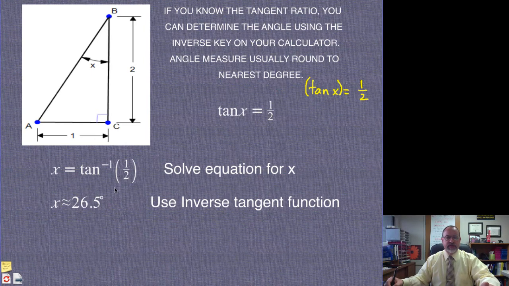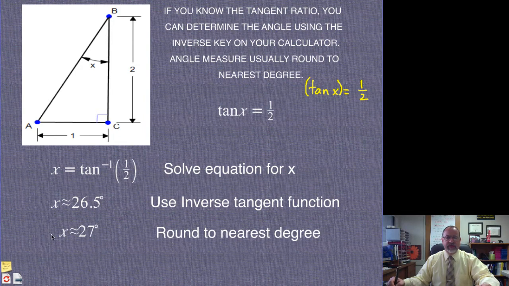Because I'm rounding to the nearest degree, I stop at the tenths place because that's the digit that I'll use to round to the whole degree. So x would be about 27 degrees. So when the angle is the unknown measure, we use the inverse tangent function to solve for x and then to calculate our measure. Let me do one or two more real quickly so you see how that's done.